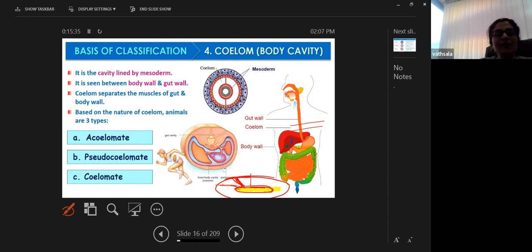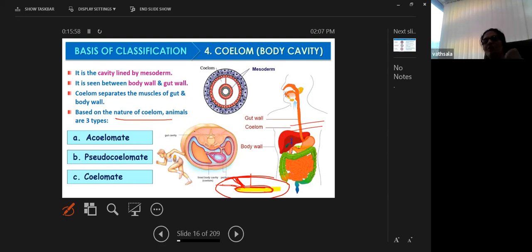So this space between the gut lining and the body wall, that's the coelom. This coelom is lined by mesoderm. Are you understanding here? All those organs are situated in that.